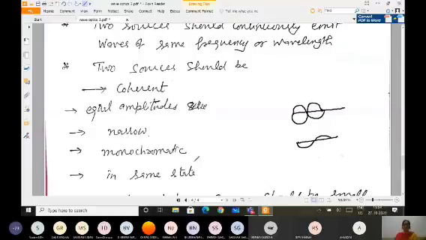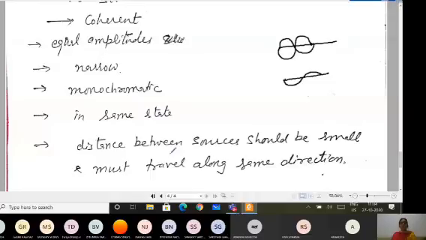They should be in the same state, it means they can have a constant phase difference. Distance between the sources should be small. Of course, that is the distance between S1 and S2 we are talking about.